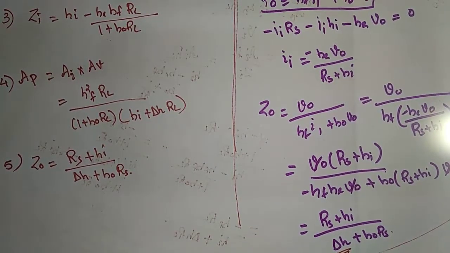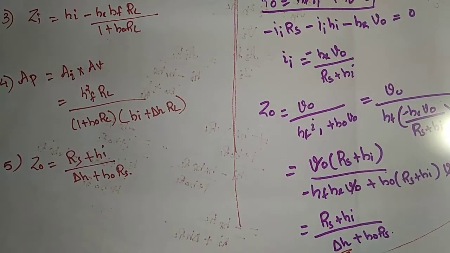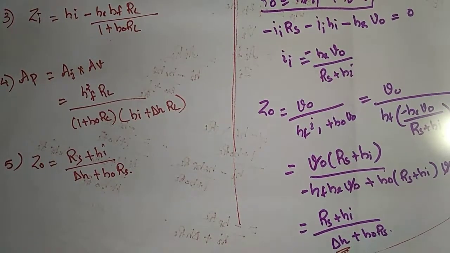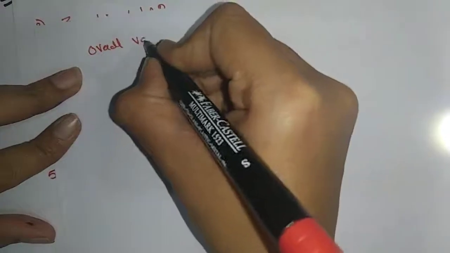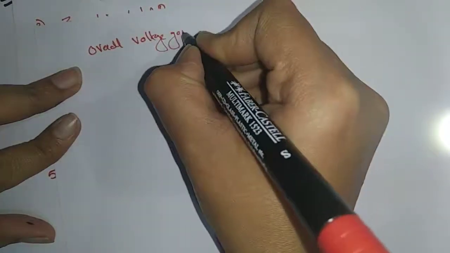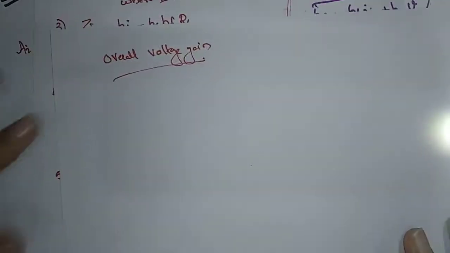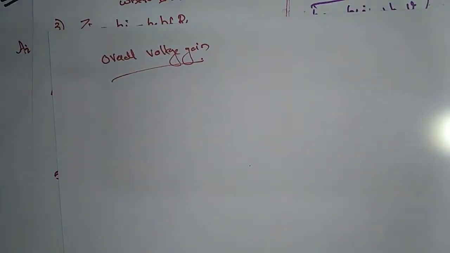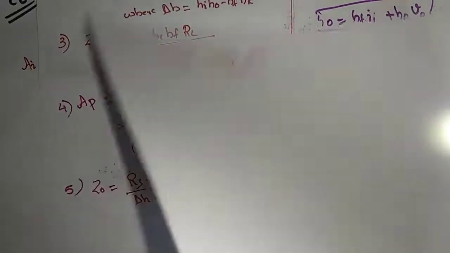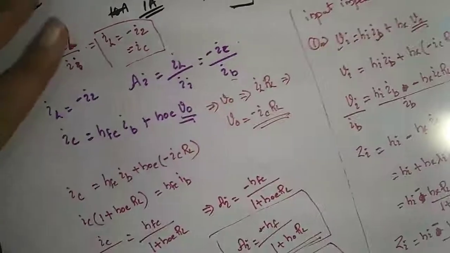Again, we can also find out the overall voltage gain as well as the overall current gain. So how can I find out my overall voltage gain? Overall voltage gain can be found out for this entire circuit, isn't it?